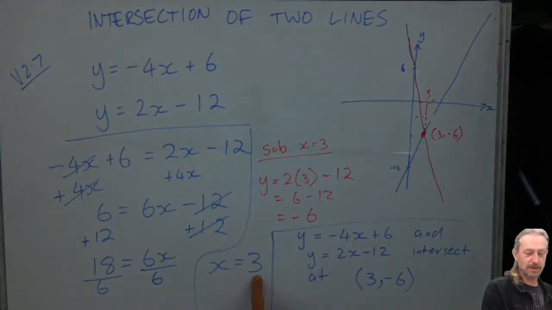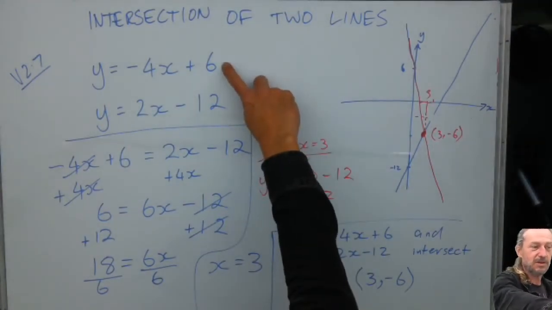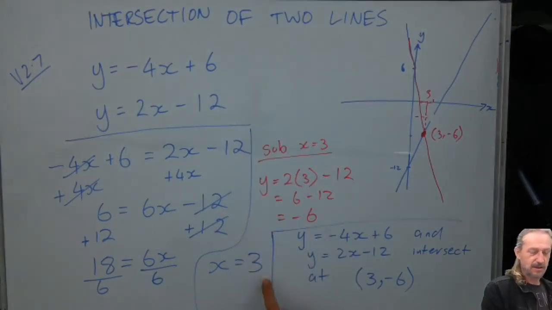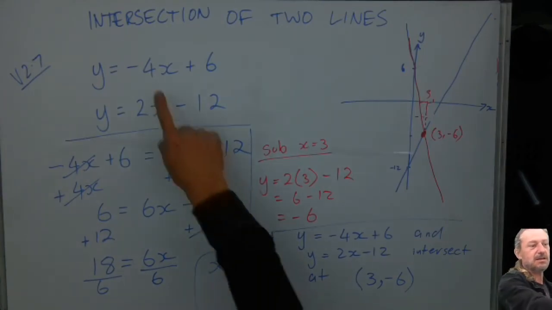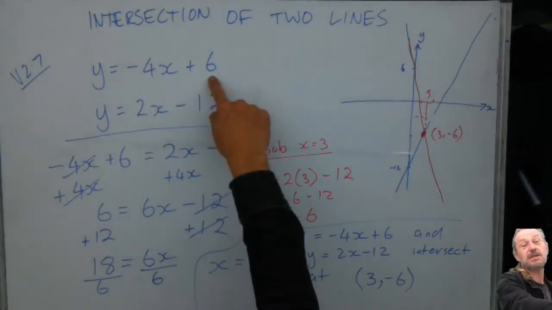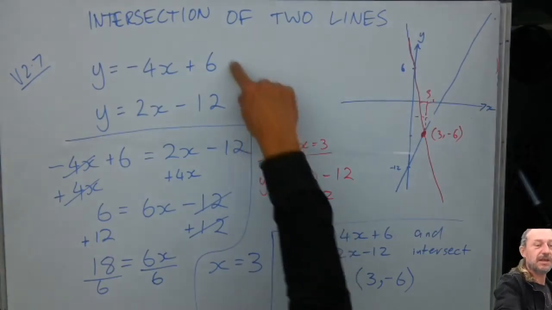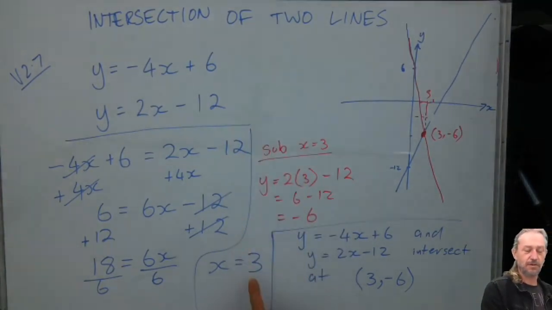Let's just check that if we substituted it in that one, will we still get negative 6? Negative 4 times 3 is negative 12, plus 6 is negative 6. So that's a way to check if you've got the right number here.